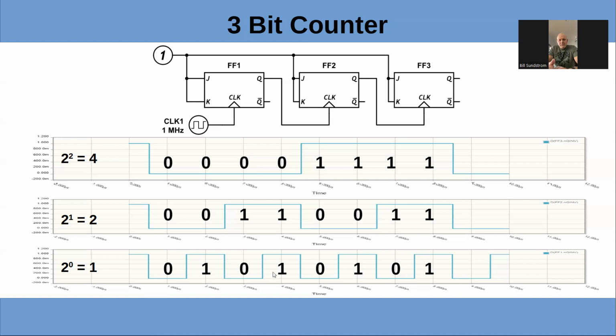So you can see it as it counts. We're toggling. So every other clock, we're getting a 1. And in this one, then we are toggling that again whenever... that doesn't look right.